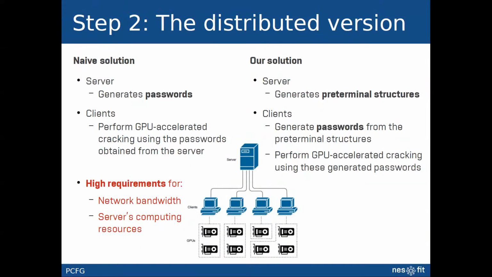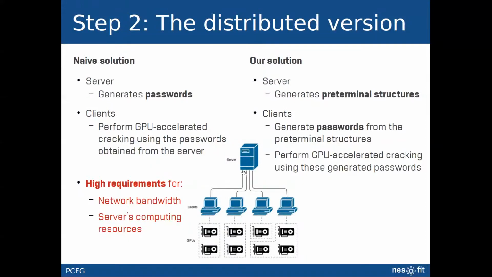We assume a network that consists of a server, as you can see here, and a bunch of clients, which serve as the GPU-accelerated cracking workstations. The naive solution here is to simply run this PCFG generator on the server, generate the passwords, and then send these passwords over the network to the clients and make the clients do the cracking from the passwords received from the server.